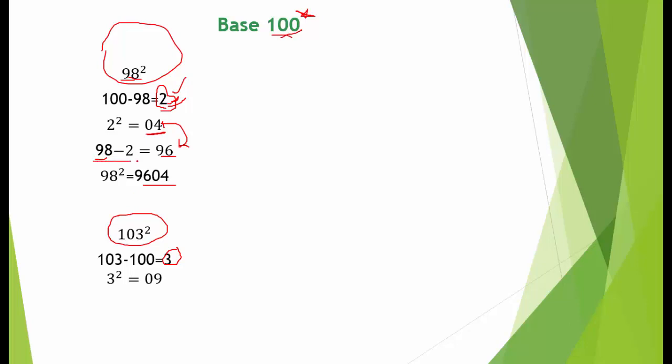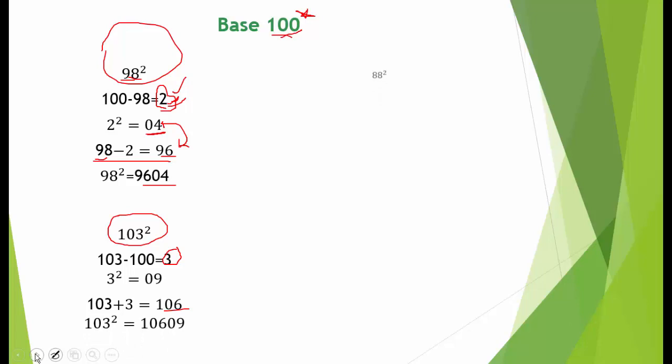In the square of 98 we subtracted, but now we will add. Now this will become 106. So the square of 103 is 10609. It is very easy, student.